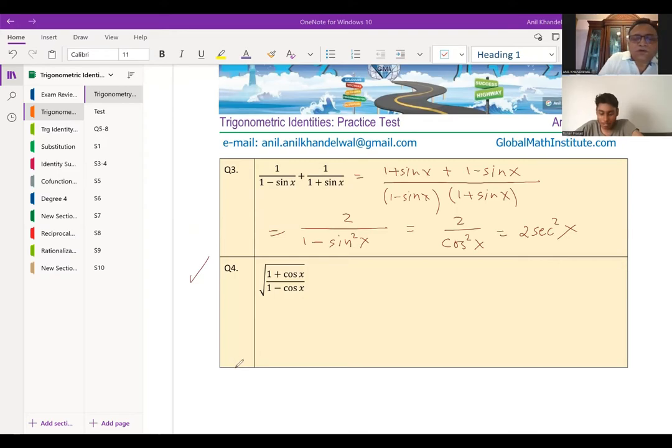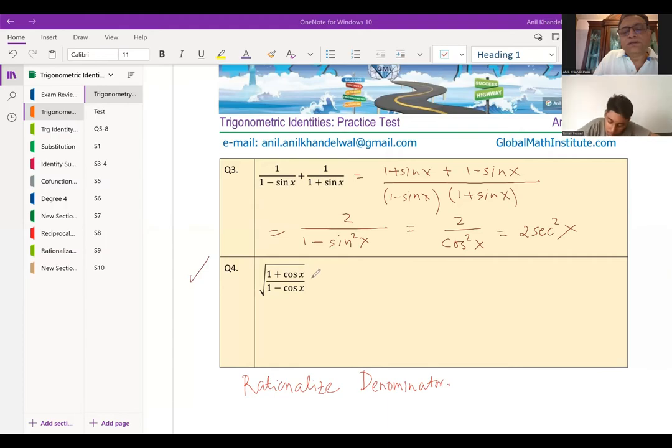Okay, so what we will do here is rationalization. Normally, we rationalize the denominator. Rationalization basically means multiply by the conjugate. Then we use the concept a plus b times a minus b is a square minus b square.